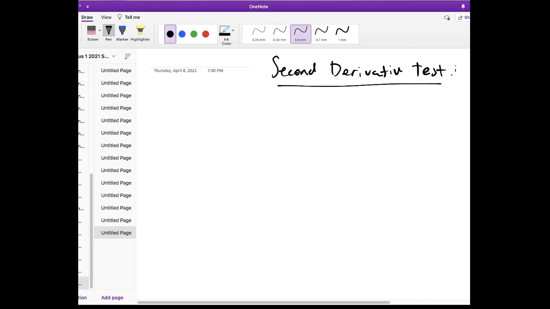I'm going to use it for concave down. If the second derivative is less than 0 on an interval AB, then the claim is f is concave down in AB.